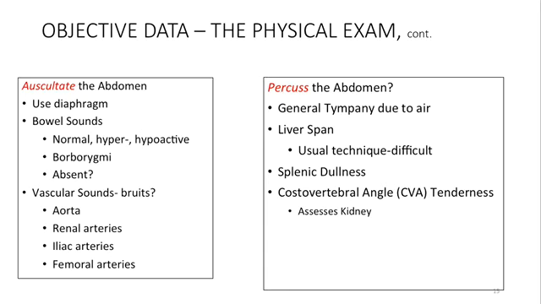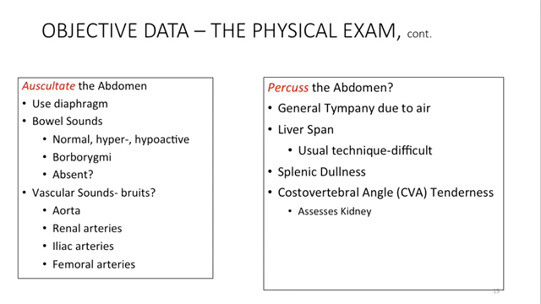All right, so how do we describe bowel sounds? We're going to use a diaphragm of a stethoscope. They are going to be normal, hyperactive, or hypoactive. I was trying to make up a word that didn't exist there. Borborygmi, another fancy word, that is what we call when our stomach is growling or making those gurgling noises.